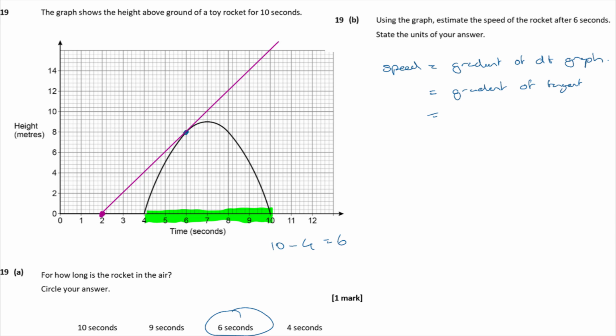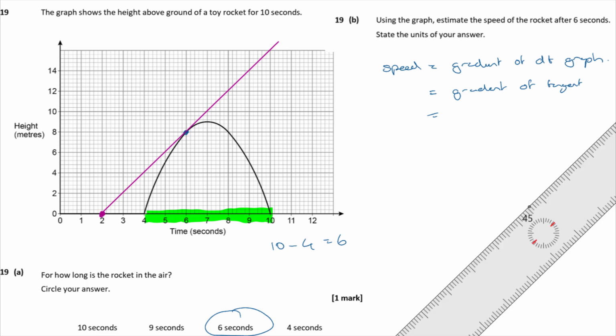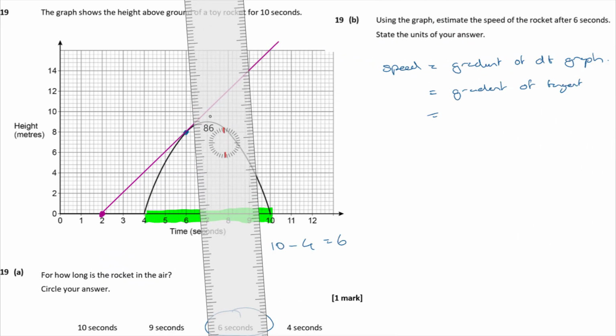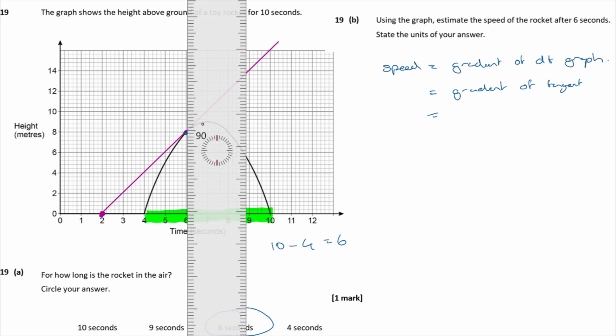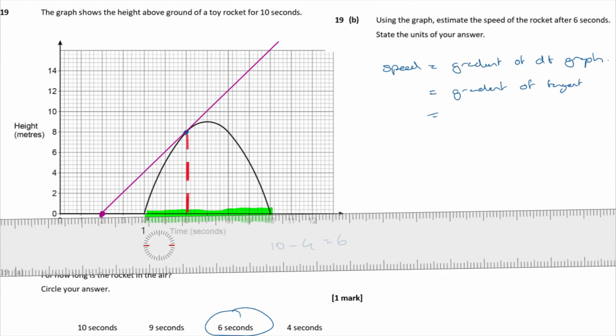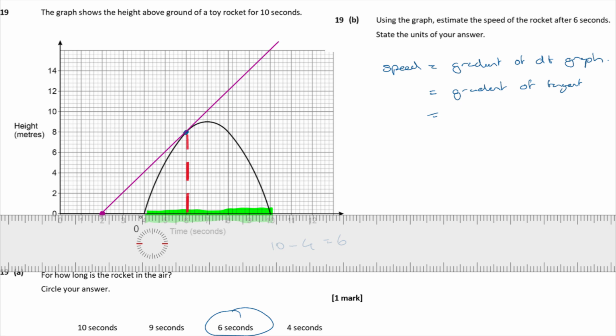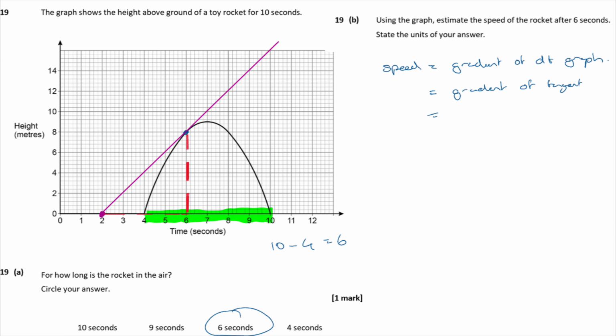Change in y would be this height here, and we want change in x, this value here. Change in y is 8, the height of that bar there. Change in x from 2 to 6 is 4.